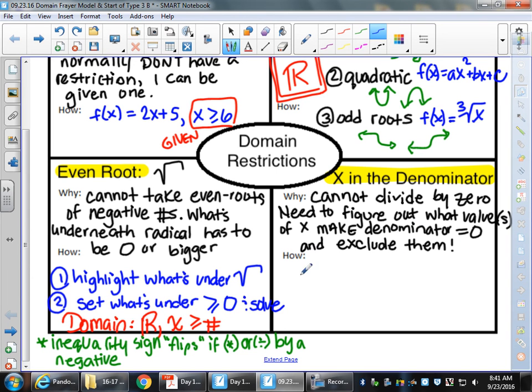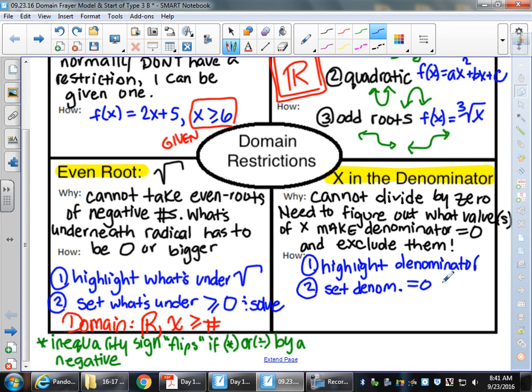So what did we highlight? Let's go through strategy now. I'm switching over to blue. Okay? Strategy. Highlight what? Highlight the denominator. Two. What do we do with it? Set the denominator equal to 0 and solve.